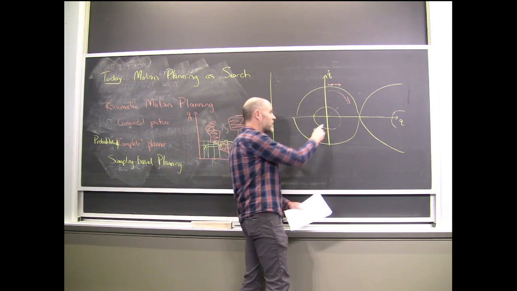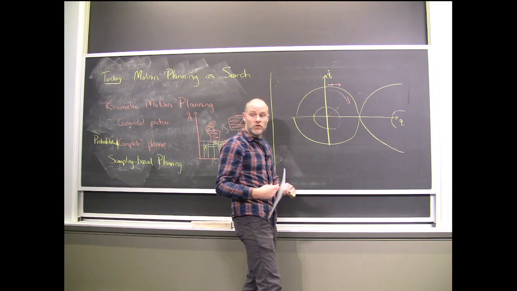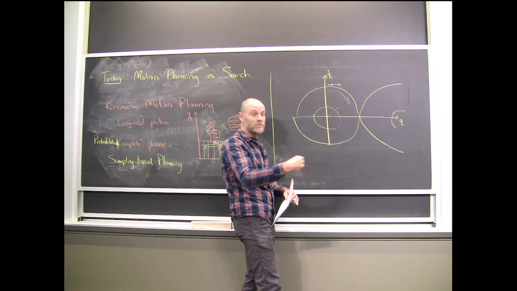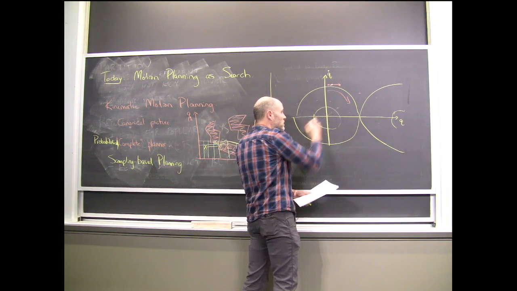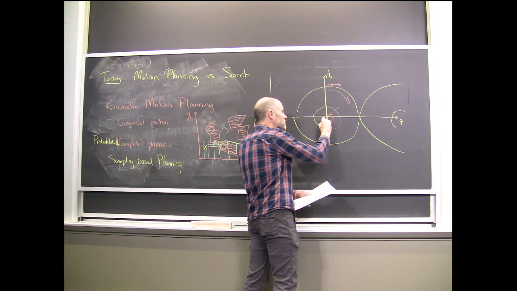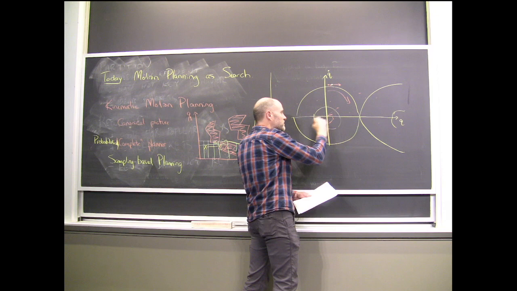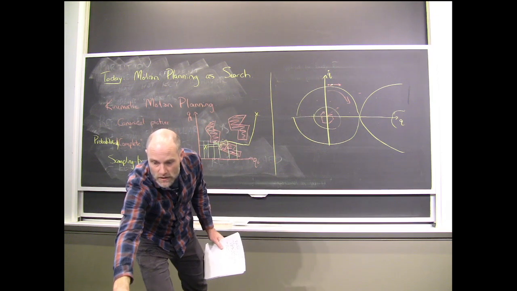So instead of just being allowed to move in a straight line, I have to find a control action that will, over one step, move me slightly towards the goal. Now I can at least expand only feasible trajectories, and I'll start growing things that look more feasible. And that's what I got in the next slide here.